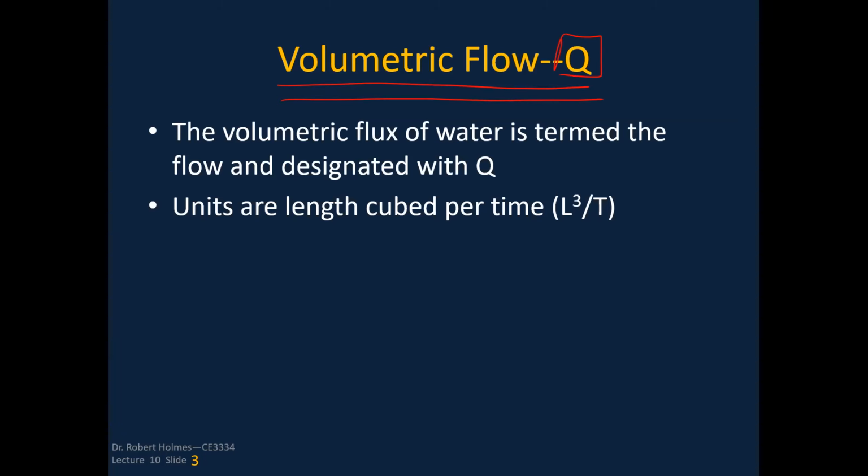The volumetric flux of water is termed the flow. We designate it Q, and the units are length cubed per time. In English units, that'd be feet cubed per second, or CFS. In metric units, it's meters cubed per second.